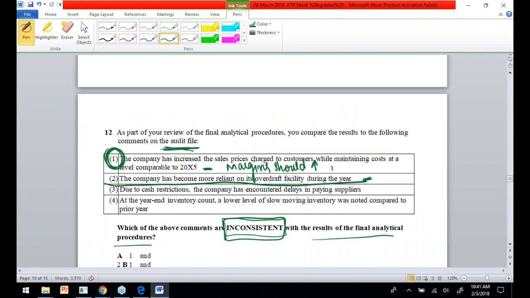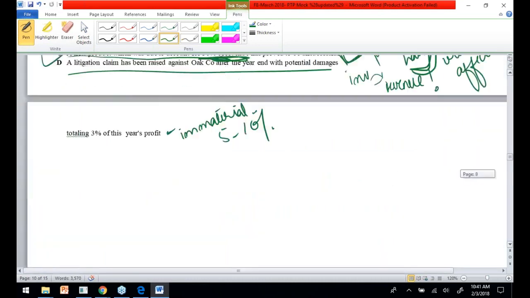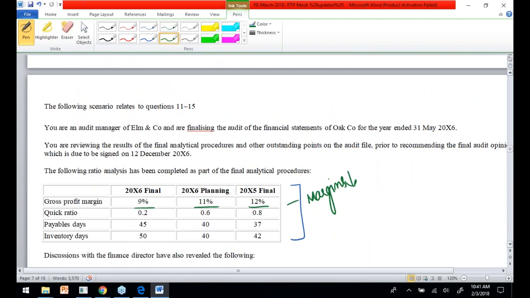The second, the company has become more reliant on its overdraft facility during the year. If the company was more reliant on its overdraft facility, liquidity should decrease. If overdraft increases, liquidity should decrease. Let's look at the scenario.